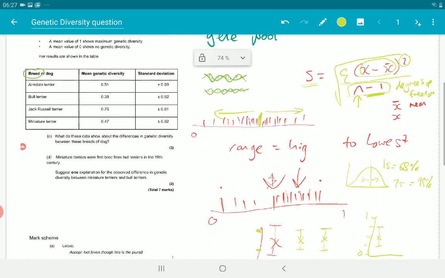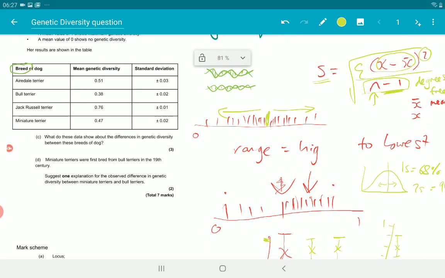So what do these data show about the differences in genetic diversity between these breeds of dog? What's the graph telling us? What's the table telling us? Can you interpret this as data and say what it's saying?